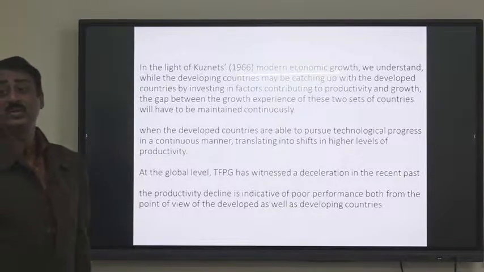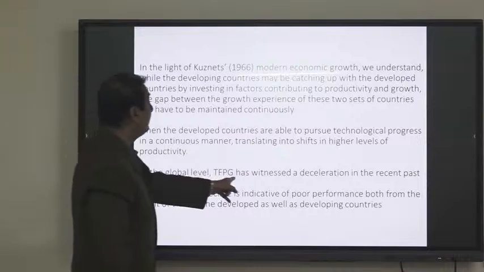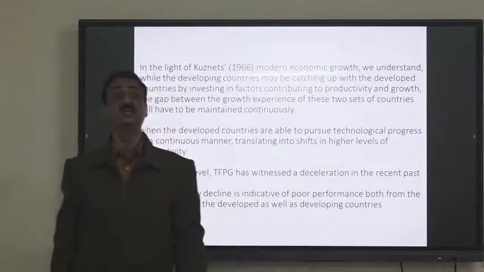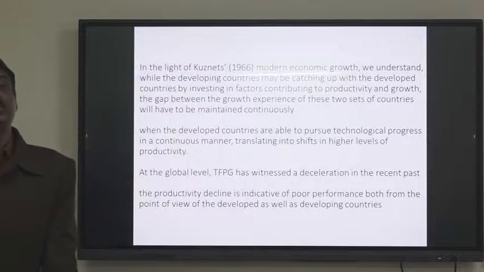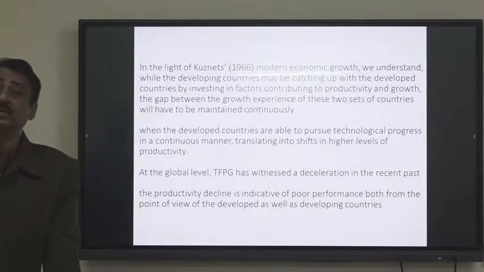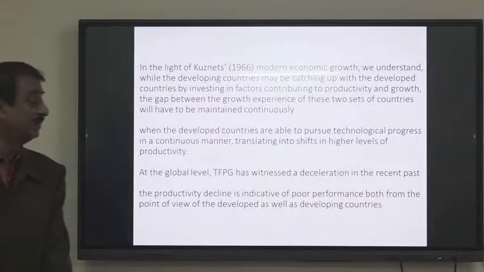But right now, at the global level, TFPG has witnessed a deceleration in the recent past. Total factor productivity growth at the global level has been declining. So that becomes a major question: why is it not improving at the global level?